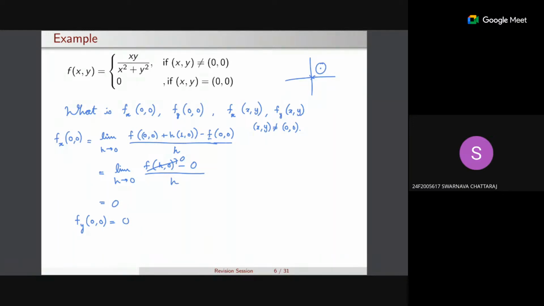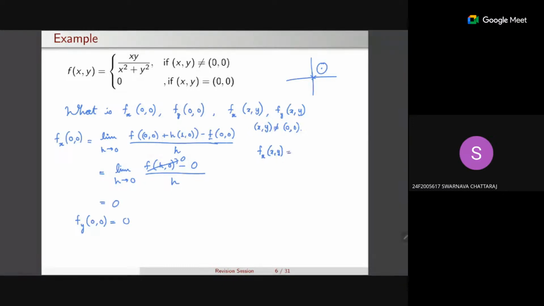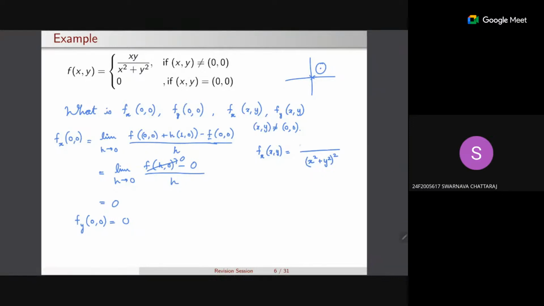Okay. So coming back to this problem, if I want to compute fx at (x, y) at any point other than the origin, as specified, it behaves well in a neighborhood, or in an open ball, around any such point. So I just need to differentiate as if y were constant, and then I can use the usual quotient rule of differentiation, and I'll get (x squared plus y squared) minus x times 2x, over (x squared plus y squared) the whole squared. y is a constant, so it comes outside.